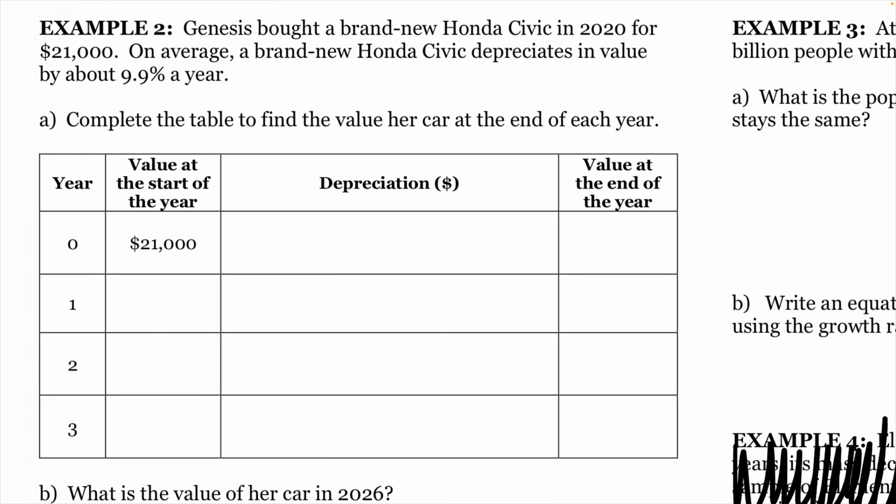The opposite of appreciation is depreciation, right? So how do you think I'm going to calculate decay or depreciation? Subtract what? All that's going to change is that's going to be a minus.